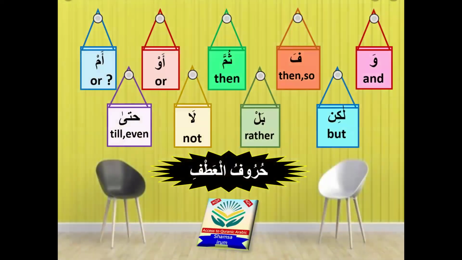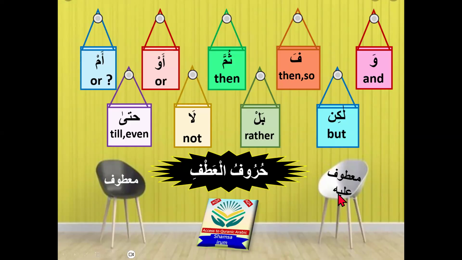Okay, so come back now again. There is the list of all Haruful Atf. So what comes before Harful Atf? That's why there are 2 chairs. I put 2 chairs here because there will be 2 honorable persons that will sit there. The first one in the white chair, Ma'tufun alay, will sit there, and in the black chair, Ma'tuf will come to sit.